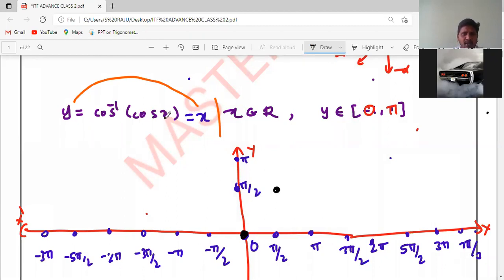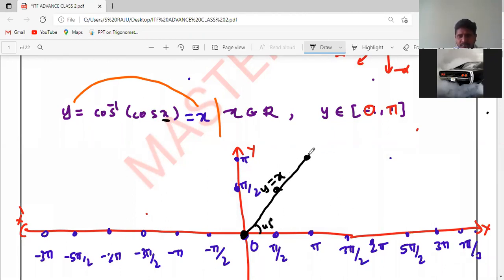If I substitute x as 90, cos 90 is 0, cos inverse 0 is again 90. In the same way, if x is 180, cos 180 is -1, cos inverse -1 is again 180. So if I join them, we get y is equal to x.